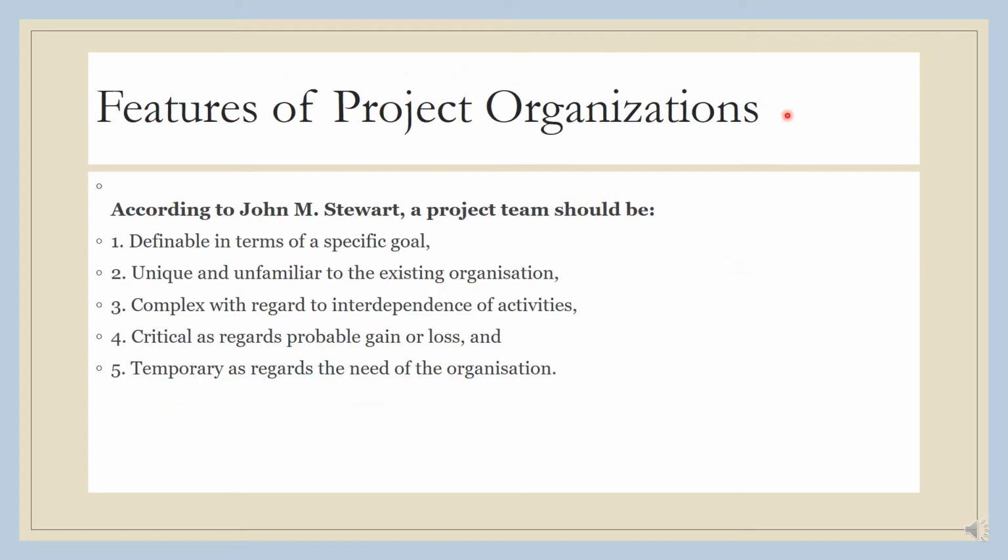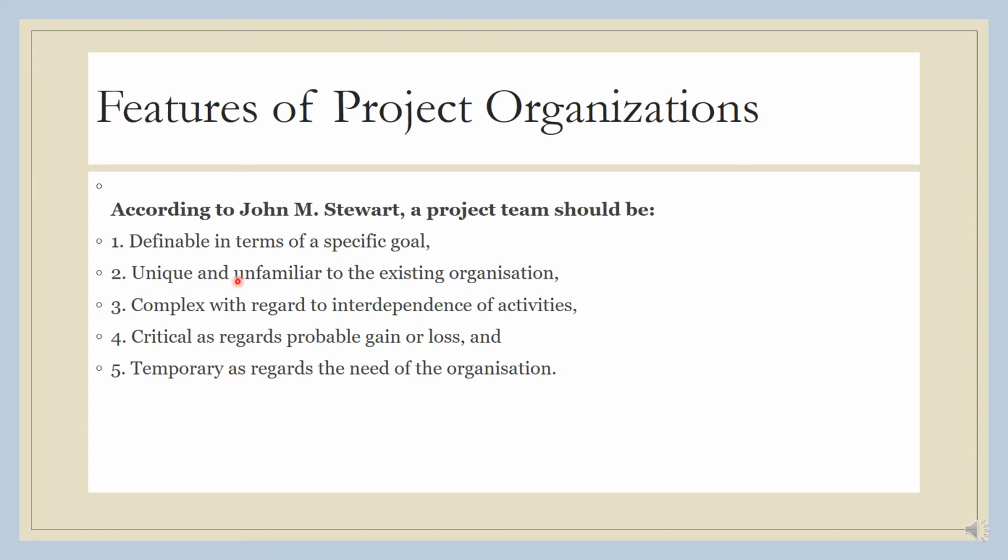Now, the features of project organizations. According to Stewart, a project team should be definable in terms of specific goals, unique and unfamiliar to the existing organization, complex with regard to interdependence of activities, critical as regards to probable gains or losses, and temporary as regards to the need of organization. So there is a specific goal, there is something unique or unfamiliar to the existing.